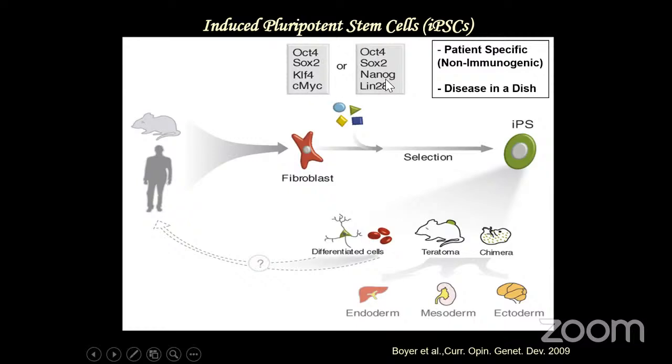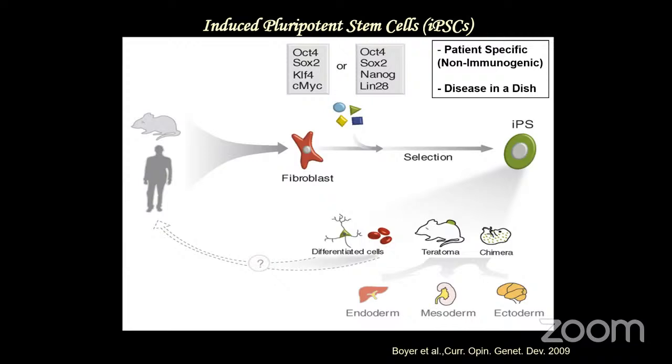Subsequently, other factors have also come into being. Even using a single factor, one can trigger somatic cells to behave like embryonic stem cells, where you are bringing them back to the naive state. Differentiation is when normal cells mature.